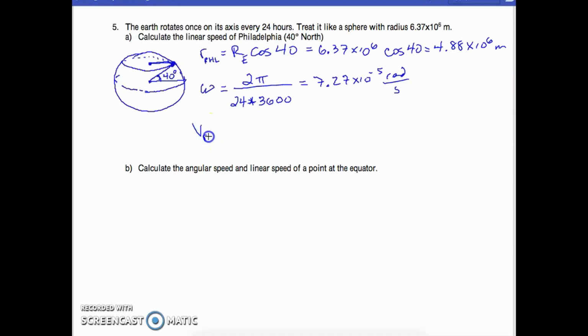So the linear speed of Philadelphia as it spins around is going to be the angular speed of the Earth times the radius of Philadelphia. Notice it's not radius from the center, it's the radius of the circle that it sweeps out. So that's 4.88 times 10 to the 6th.